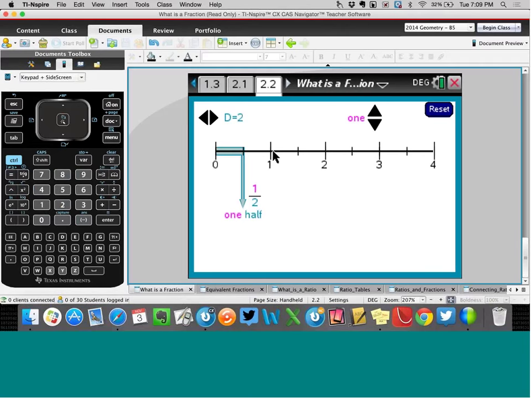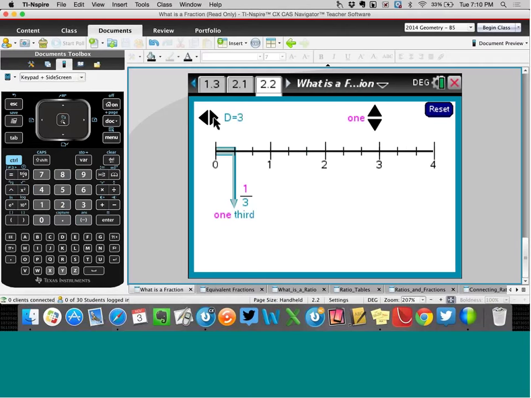One of those parts represents the fraction 1/b. So for the fraction 1/3, we separate that unit interval into 3 equal parts. One of those parts represents 1/3.